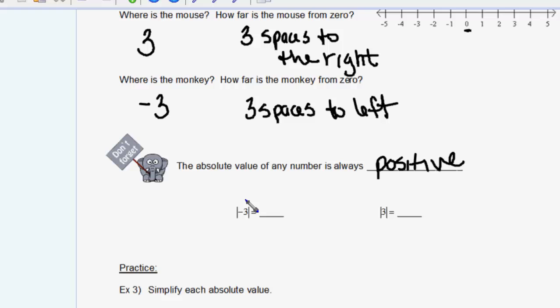Absolute value is going to have these little tick marks on the side, and this means, what's the distance -3 is from 0? What is the absolute value of -3? Well, it's 3 spots away from 0, just like we had up here. The absolute value, or the distance from 0, would be 3. Okay? So that's what absolute value is.